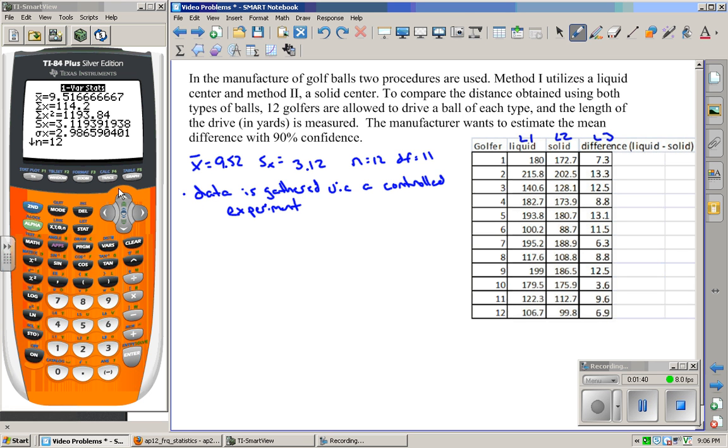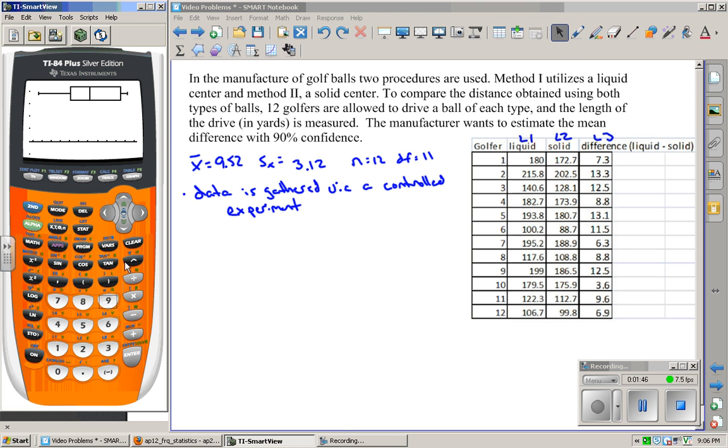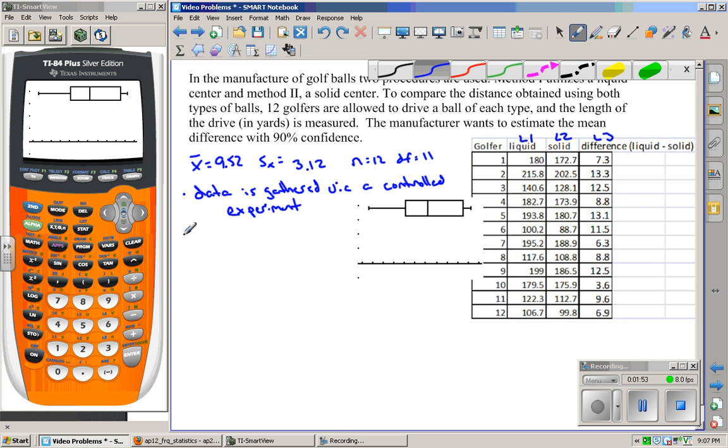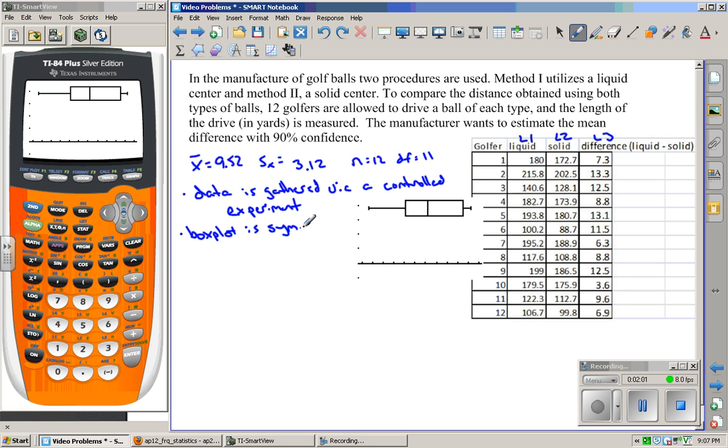Okay, we need to check to see whether this is normal. So if I go to my stat plot and I do zoom number 9 on my list, you can see that I have a nice clean box plot there. So based off of that, we can say box plot is symmetric with no outliers.